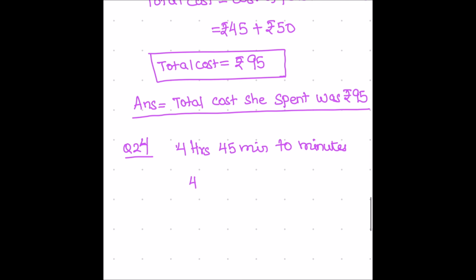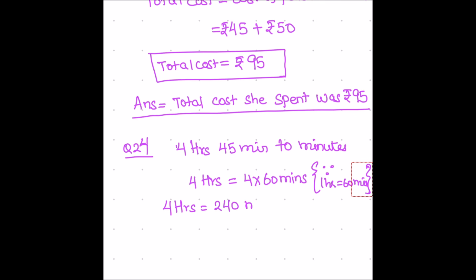So 4 hours will be equal to 4 times 60 minutes. Hence 1 hour is 60 minutes. 4 times 60 is 4 times 6 is 24, 240 minutes.